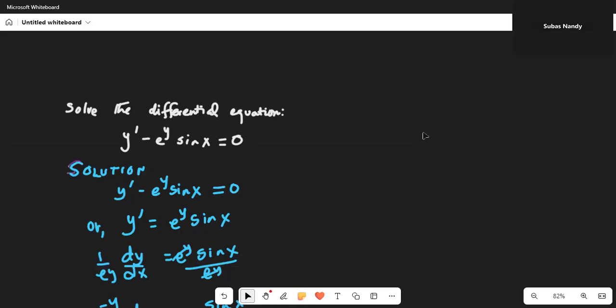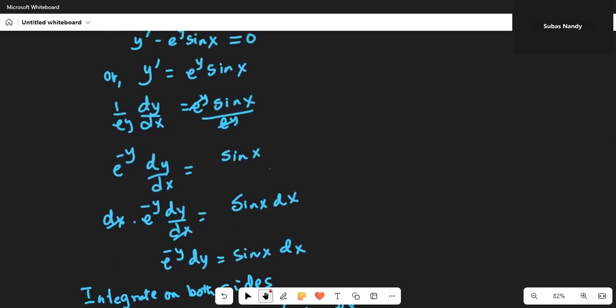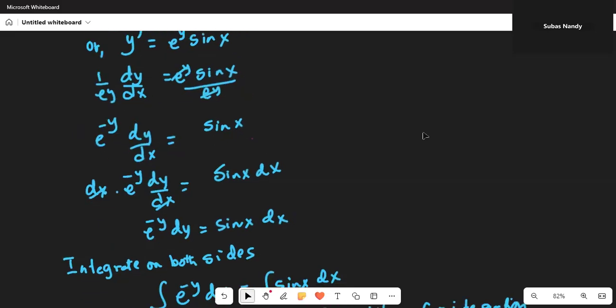So we are left with e to the power of minus y, and the derivative of y with respect to x is equal to sine x. Now we multiply by the quantity dx on both sides. So we get e to the power of minus y dy is equal to sine x dx.